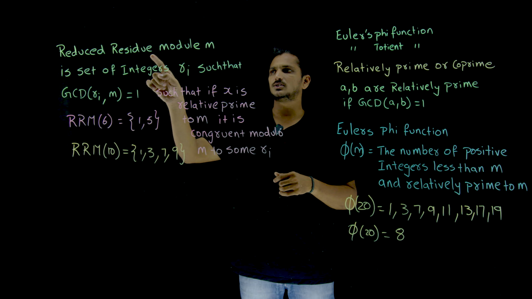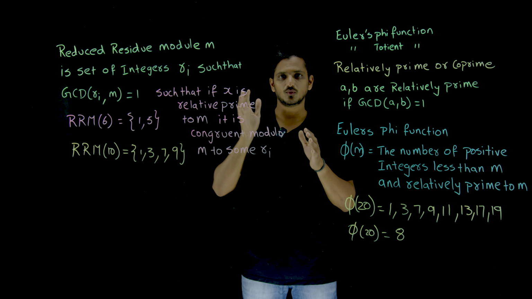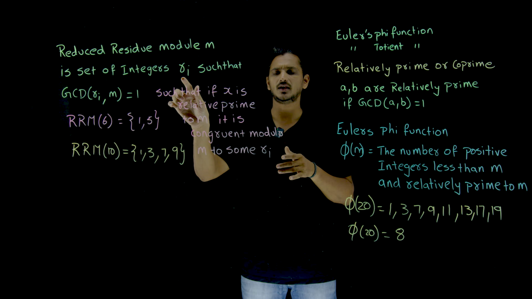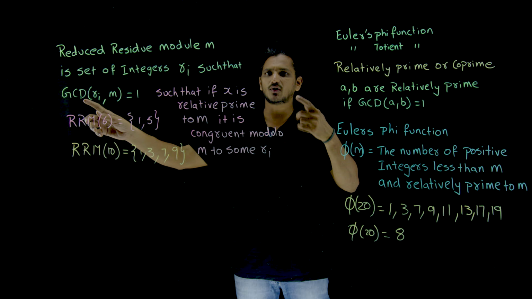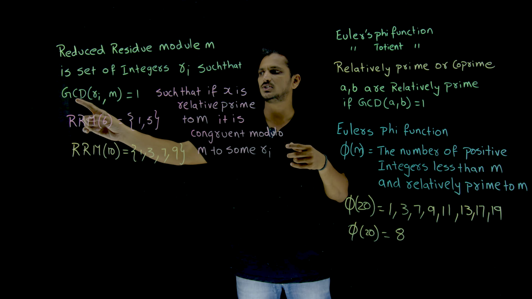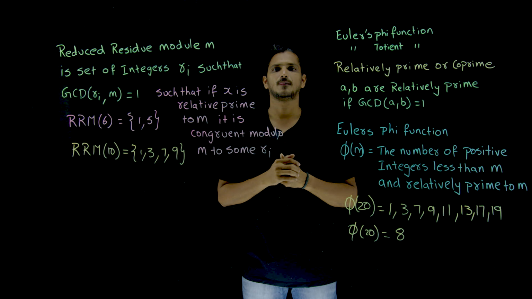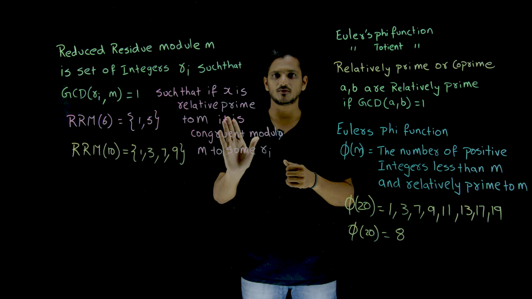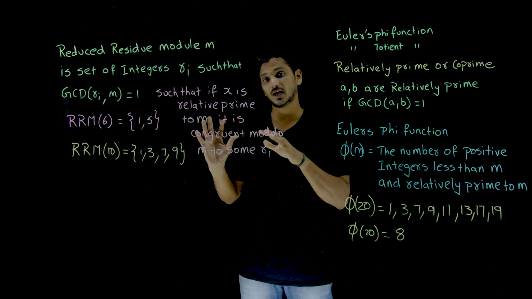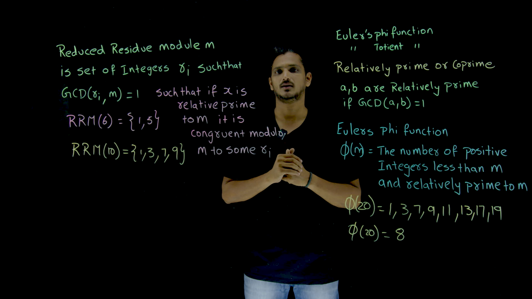So reduced residue modulo m is the set of integers Ri such that if you take any one of the integers, GCD of Ri comma m is going to be 1. And the definition is not yet completed, the remaining part is there.